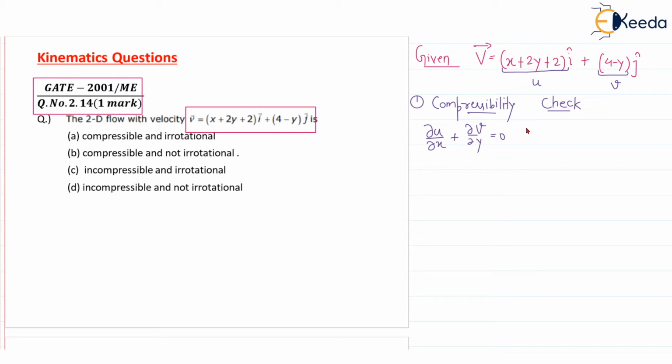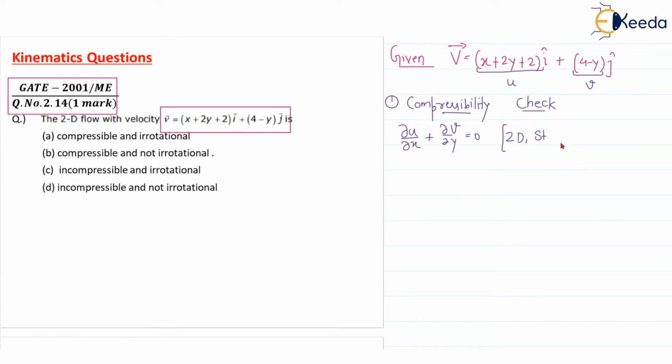If any given velocity field satisfies this equation, then the flow field is two-dimensional, steady, as well as incompressible, because after giving this condition only we have derived this equation.